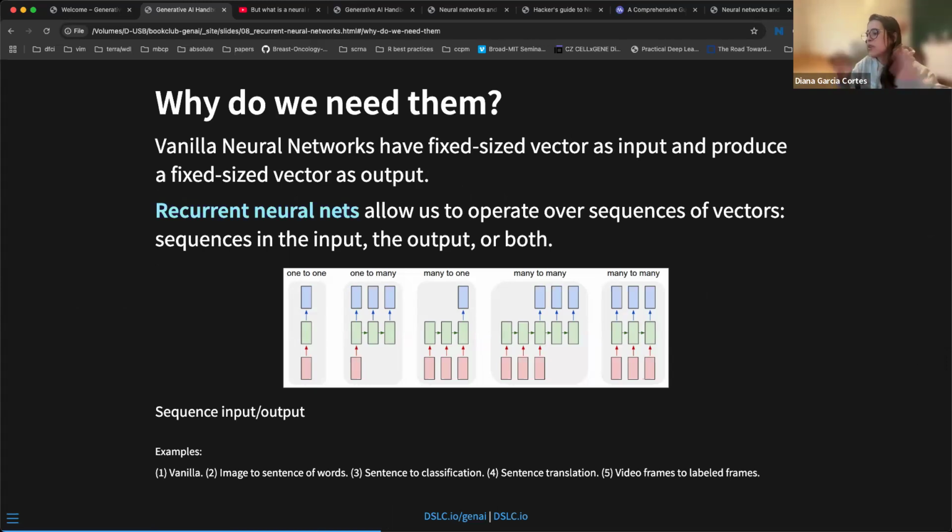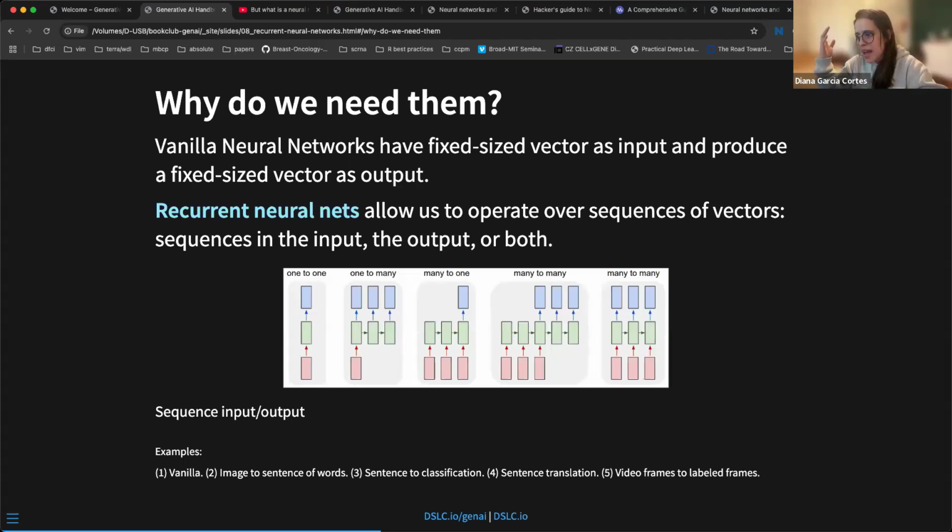As I mentioned before, the number of neurons in our input and our output layer will be related to the problem that we're gonna analyze, but we cannot change the number of neurons in these layers. So people developed recurrent neural networks to help us with this. What recurrent neural networks do is that they allow us to operate over sequences of vectors.